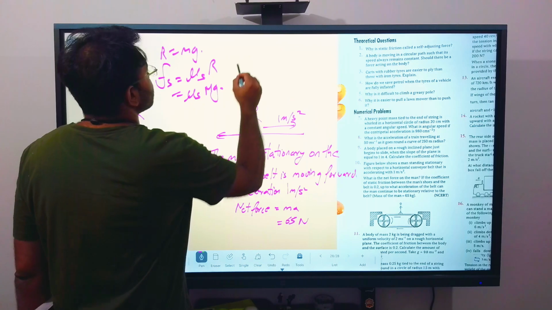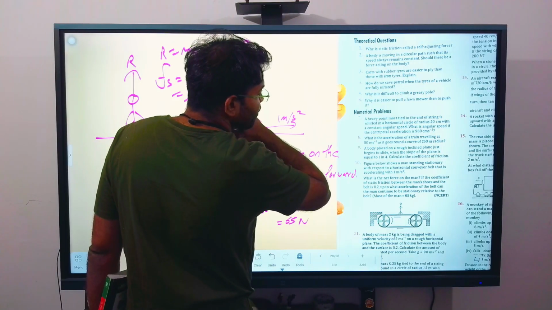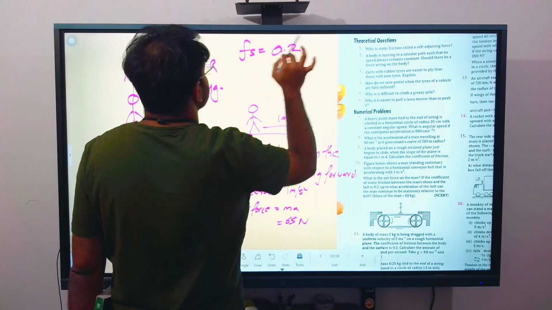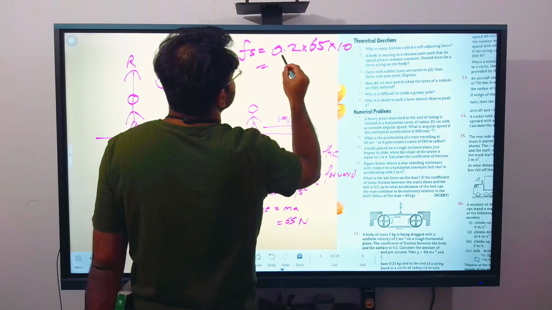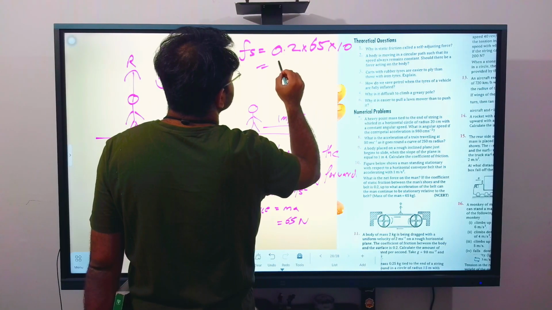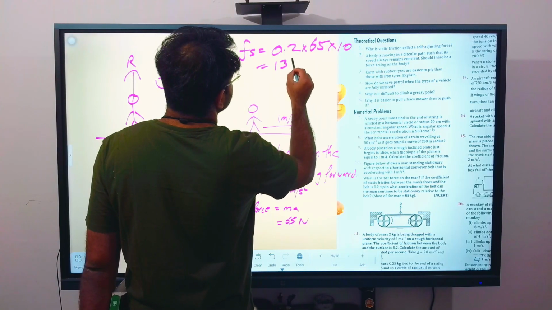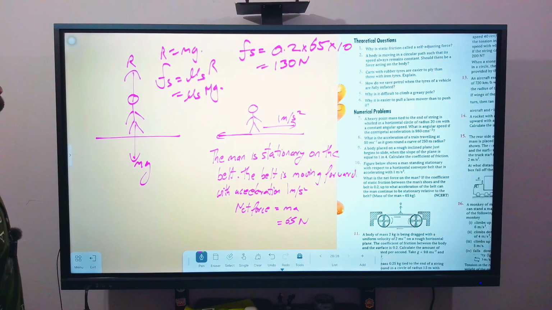So F of s is equal to mu of s, which is 0.2, times M, which is 65 multiplied by 10. That is 130 newtons. Am I right? The static friction is 130 newtons. Have I made a calculation mistake?